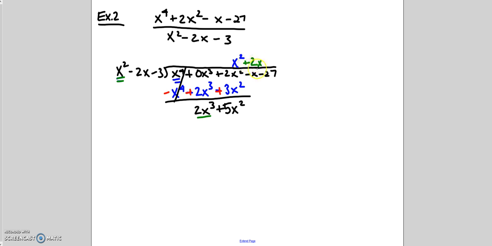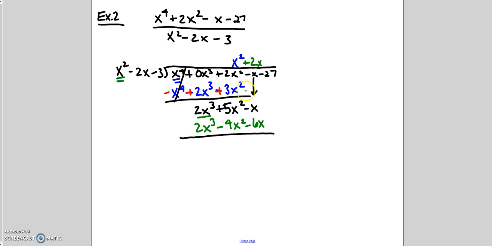So 2x times x squared is 2x to the 3rd. 2x times negative 2x will be a negative 4x squared. Oh, and forgive me, I forgot to bring this negative x down. And now I have 2x times negative 3, and that's going to be a negative 6x.